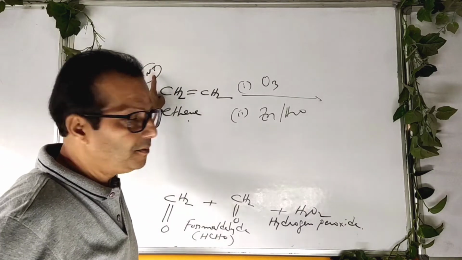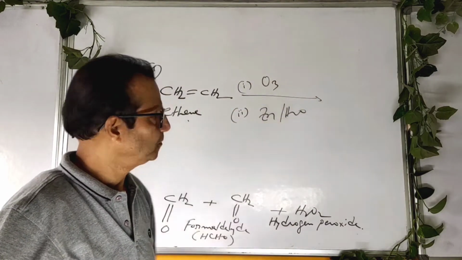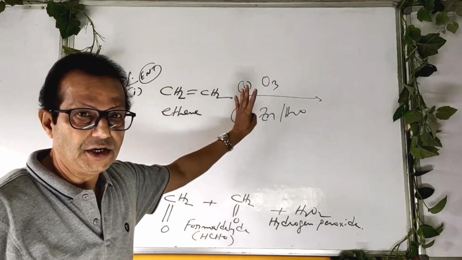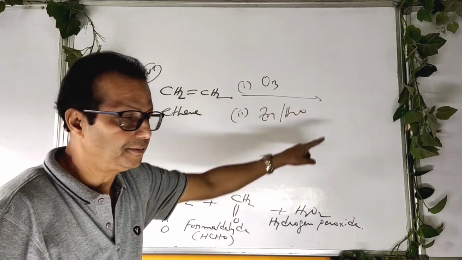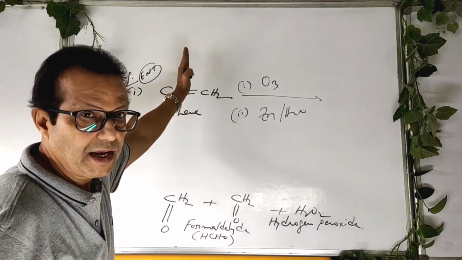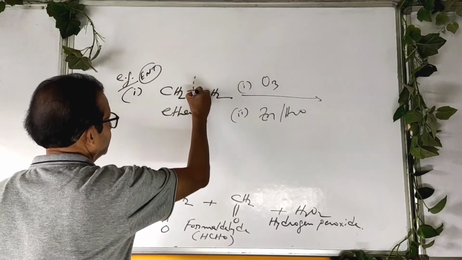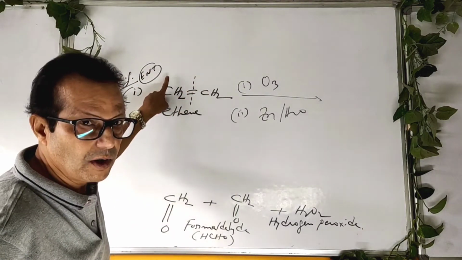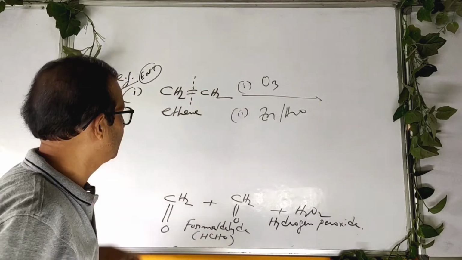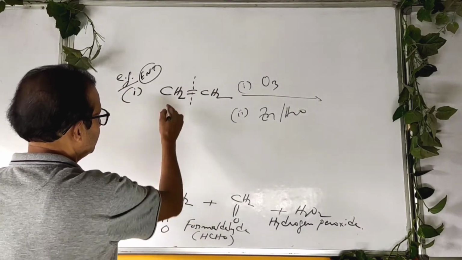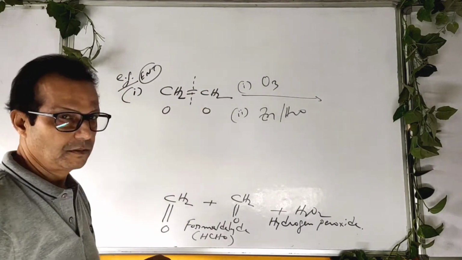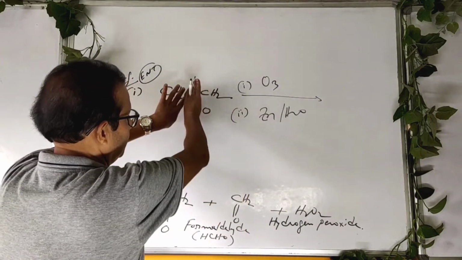If a question comes in this way, how to write the structure of the product directly? Just break it. Insert one oxygen here and one oxygen here, okay? You get the product.